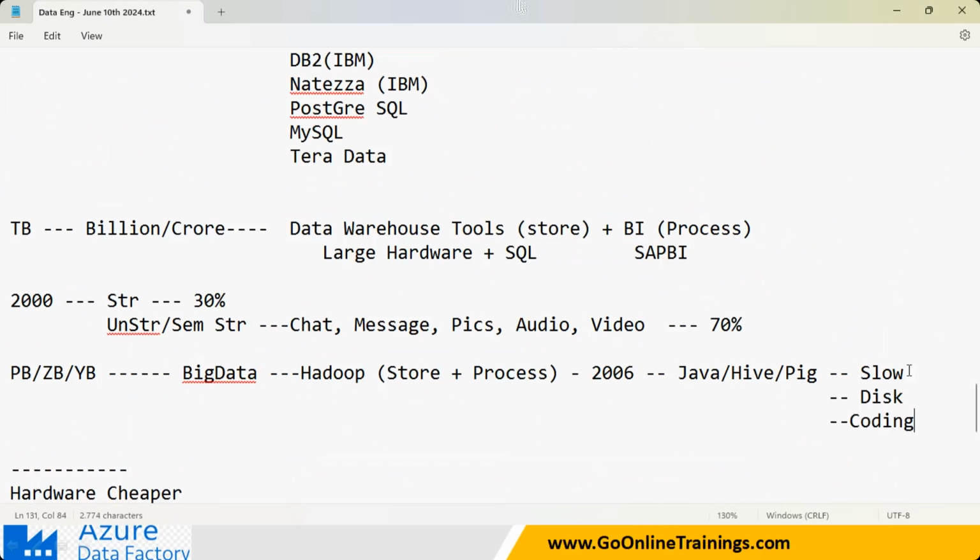And one more problem with Hadoop is that Java is for web development. It is not for data analytics purposes. So we cannot use Java.